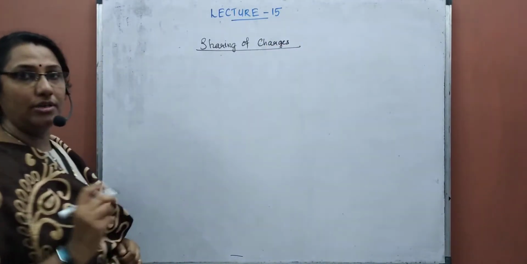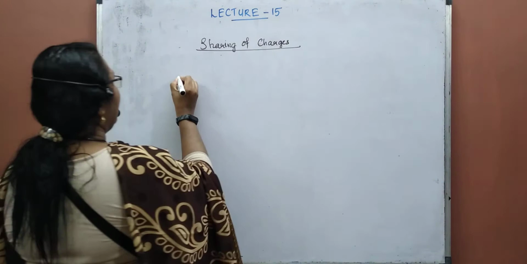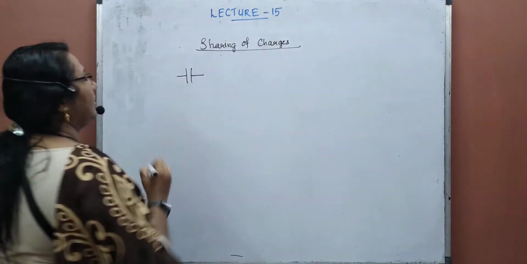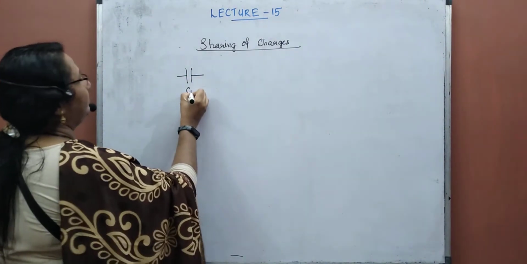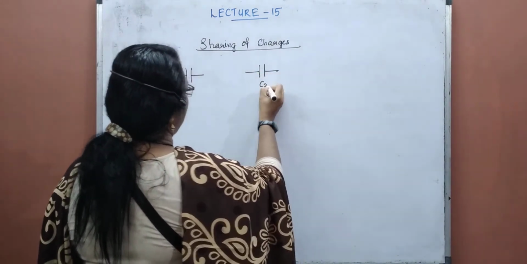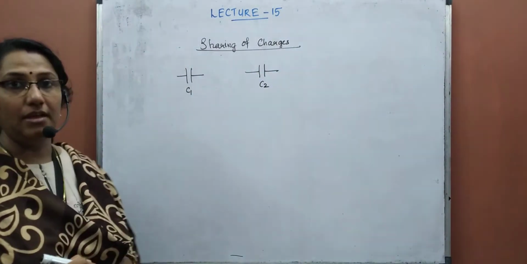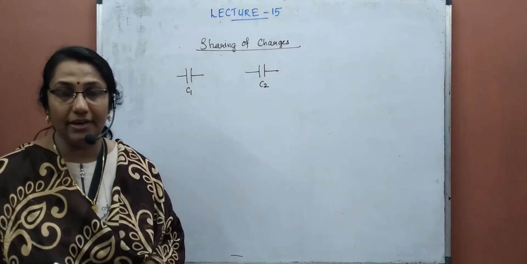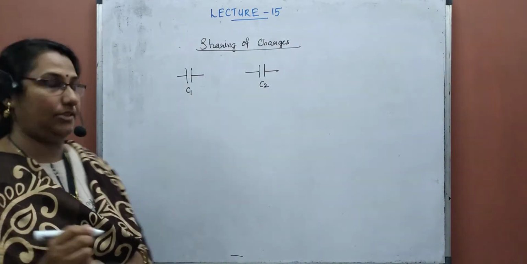Suppose we have two capacitors: the first capacitor of capacitance C1 and the second capacitor of capacitance C2.